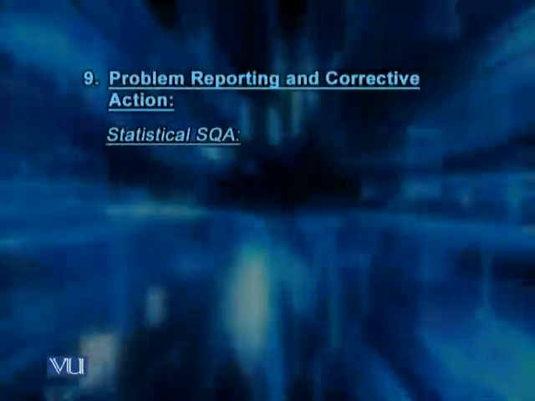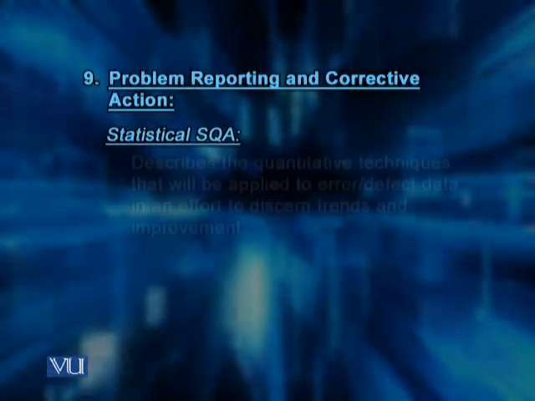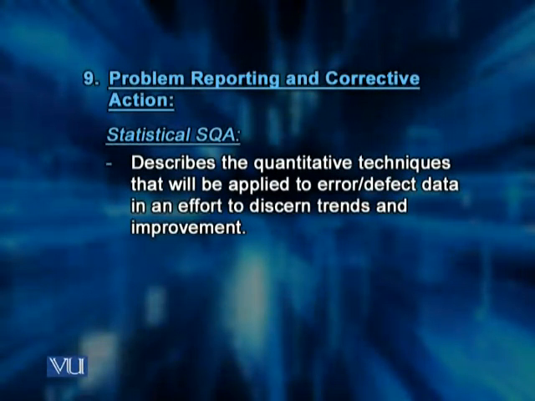The last subsection in problem reporting and corrective action is statistical SQA, or statistical software quality assurance, which describes the quantitative techniques that will be applied to error or defect data in an effort to discern trends and improvement. And I would refer you to our discussion on inspections, where we had very specific discussion on what can be used for defect prevention if defects are found.